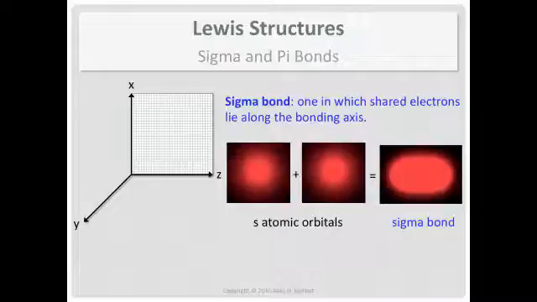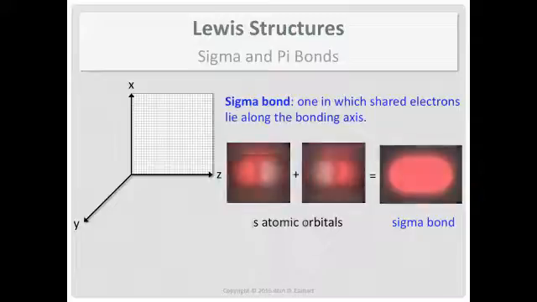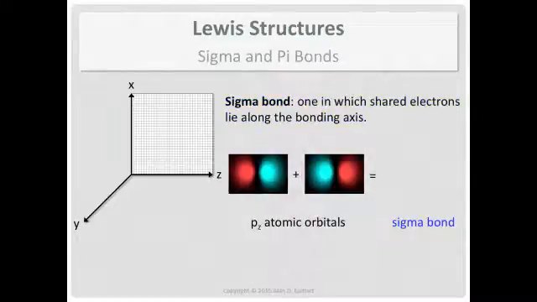What about the three p orbitals from each one? You can think of the p orbitals as lying along the x, the y, and the z axes. Not quite, but that's the way we'll think about it. So if you have two atoms coming together, you could have one set of orbitals along the z-axis in each case that overlap each other.